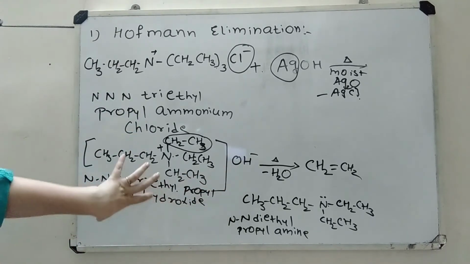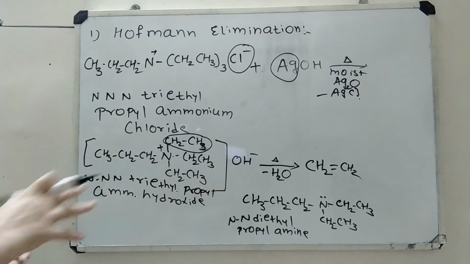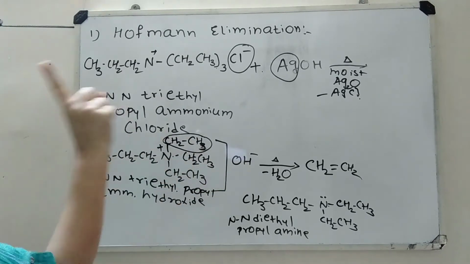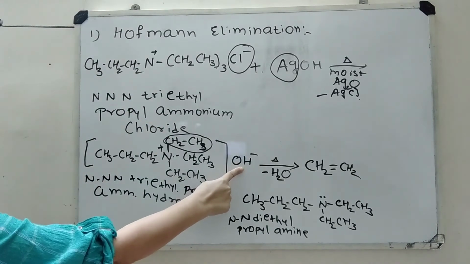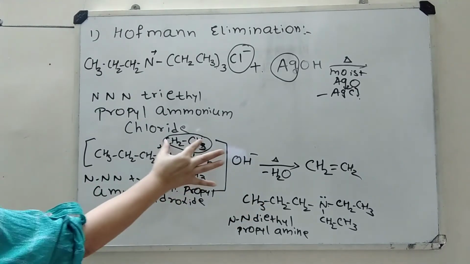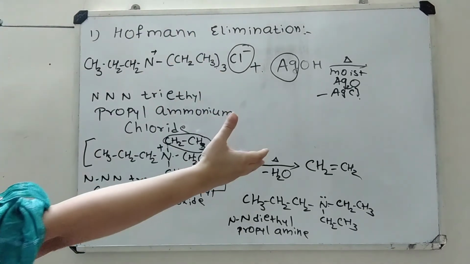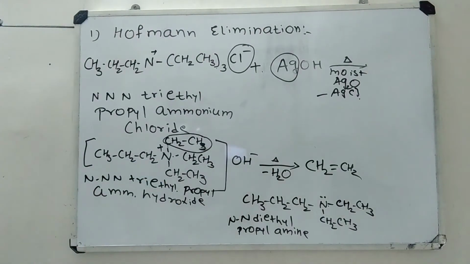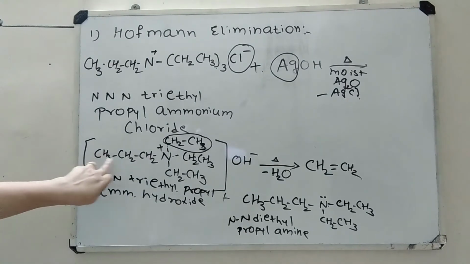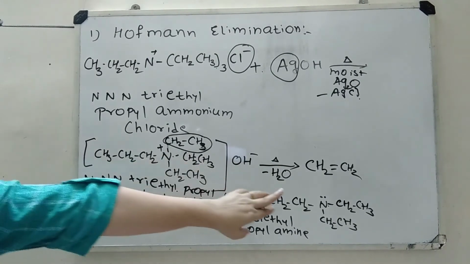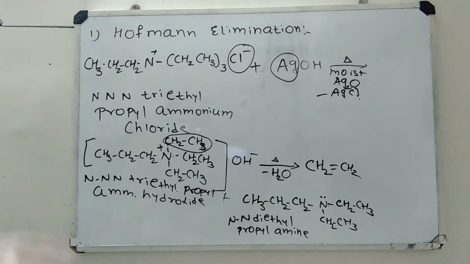When this hydroxide group is strongly heated, from this CH3 one hydrogen is given out and combines with this OH to form the water molecule. And this group is given out in the form of an alkene, ethene. Whatever is left is the propyl group and the 2 ethyl groups, which remain as they are, but don't forget to put 2 dots on the nitrogen. It indicates that one place is still left. So it is known as N,N-diethyl propyl amine.